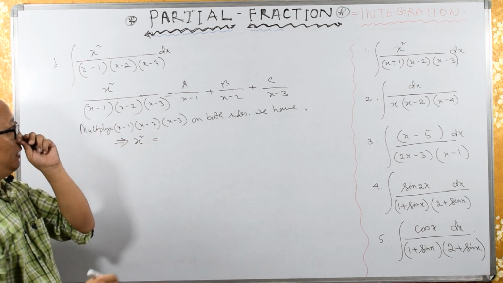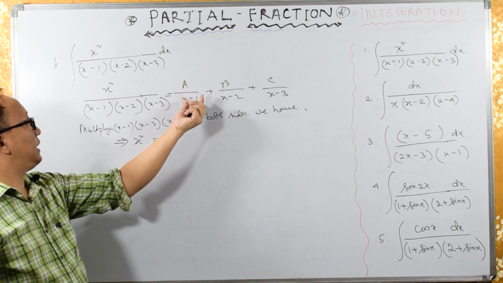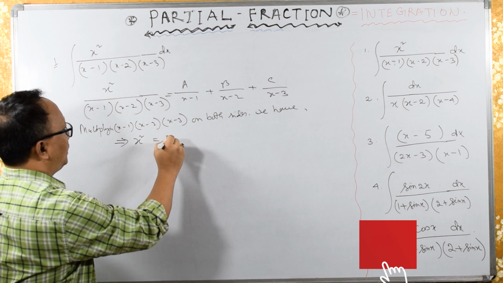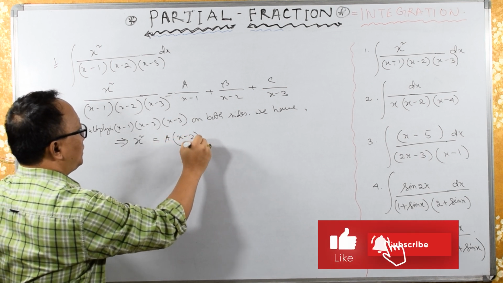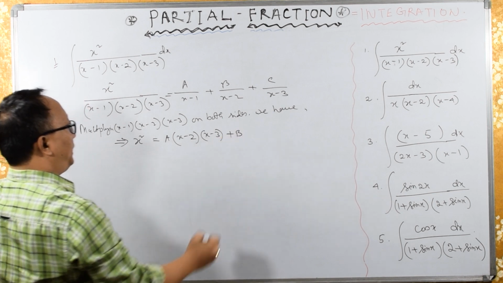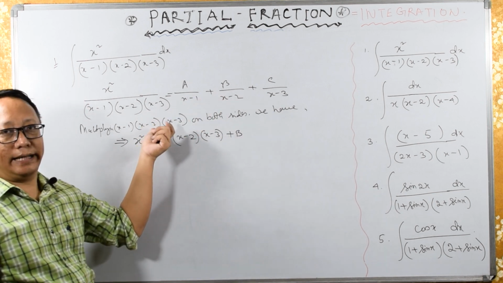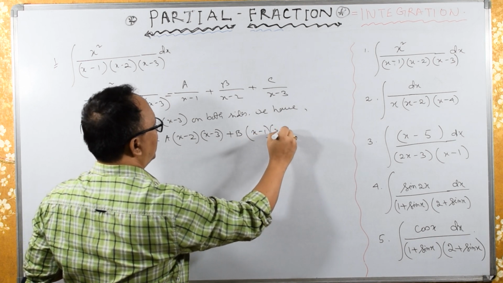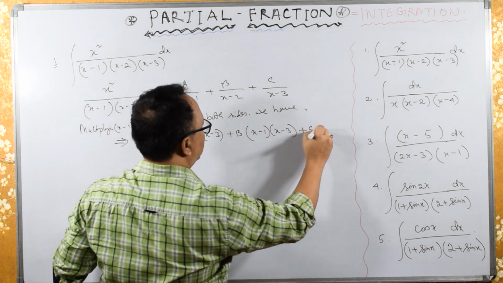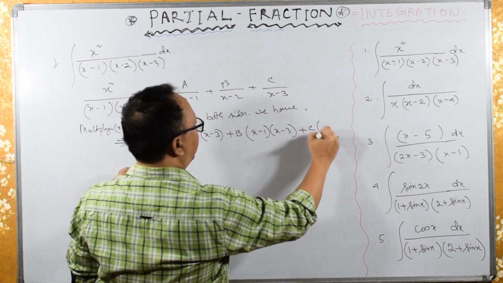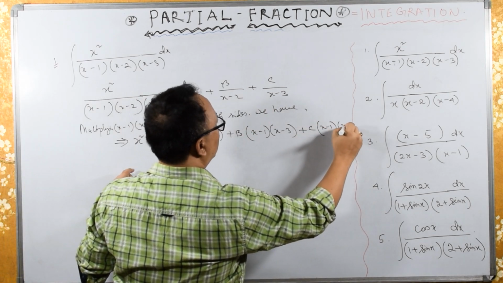On the right hand side, for a, the x minus 1 cancels, so we have a into (x minus 2)(x minus 3). Similarly for b, x minus 2 cancels, so we have (x minus 1)(x minus 3). For c, x minus 3 cancels, so we have (x minus 1)(x minus 2).